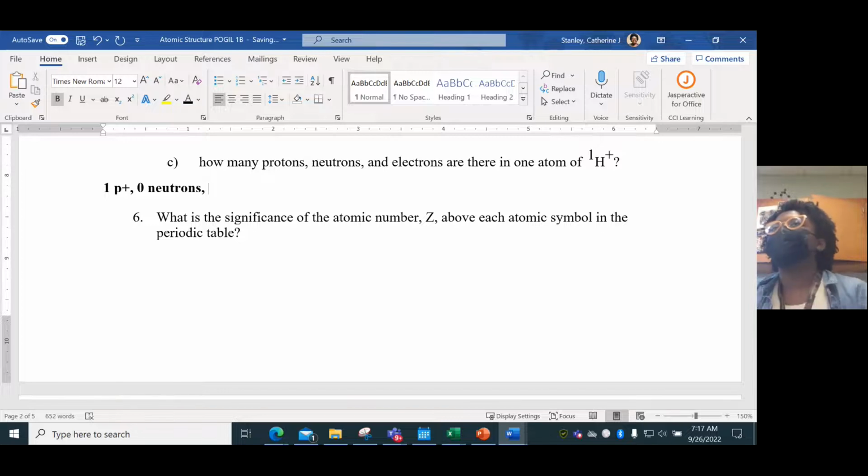There's an argument between 1 electron and no electrons. The formula for a charge is the protons minus the electrons equals the charge. So if the charge is +1, and we're going to have 1 proton, 1 minus what gives you +1? 0. So there will be 0 electrons.